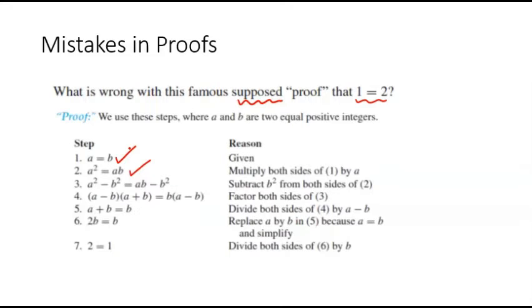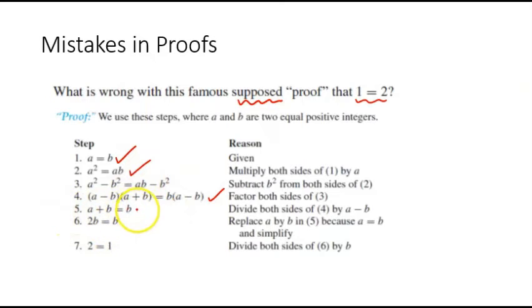In step 4 they factorize: a square minus b square is written as a minus b into a plus b, and on the right b is taken common and written as b into a minus b.